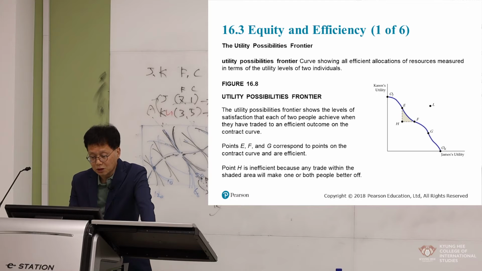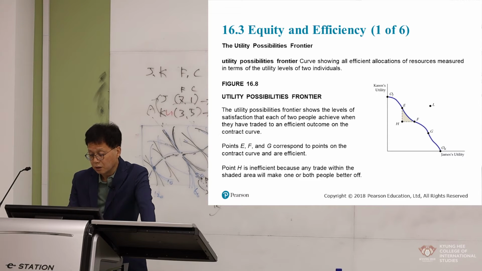Points E, F, G correspond to points on the contract curve and are efficient. Point H is inefficient because H is inside of the utility possibility frontier, right? H is inefficient because any trade within the shaded area will make one or both people better off.